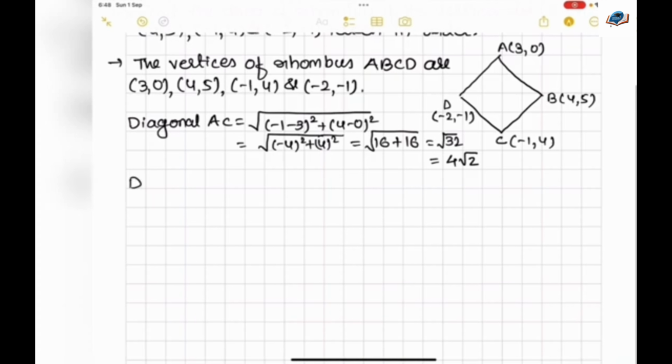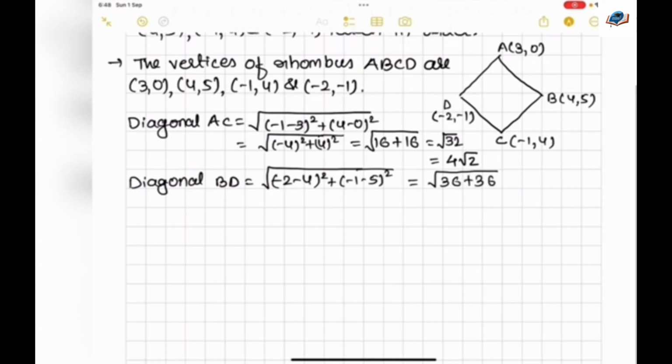Now diagonal BD will be minus 2 minus 4 whole square plus minus 1 minus 5 whole square. So that will be root 36 plus 36. So that will be 6 root 2.